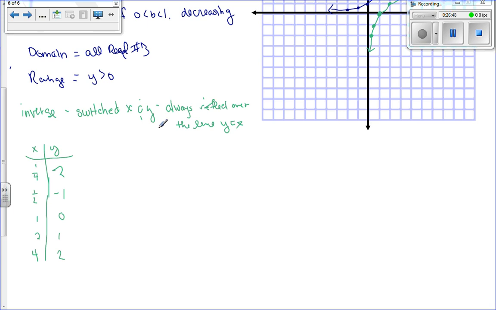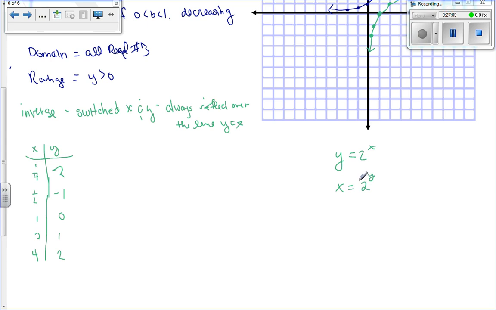So, let's do this. We're going to write our equation. Before we had y equals 2 to the x. In our chart, we literally switched x and y. So x equals 2 to the y. Now, I can't leave y in my exponent.